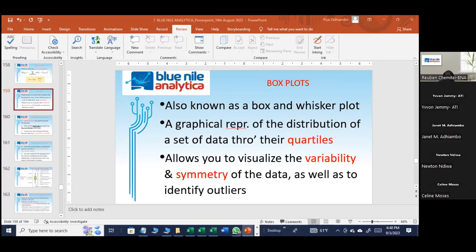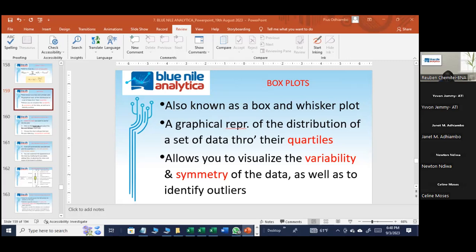When we talk about quartiles, it means that we arrange our data from the smallest to the highest, and then we look at that middle value. The middle value is the median, and sometimes it's called the 50th quartile. Now, if you divide the data into two, then you have the upper set of data and the lower set of data.